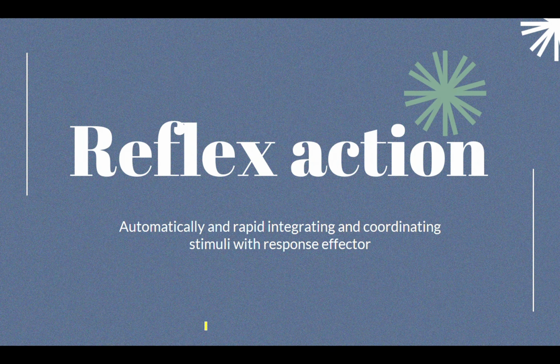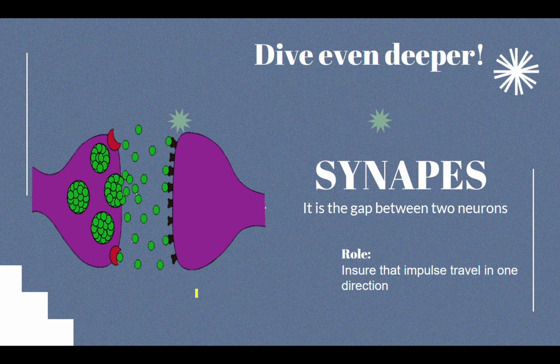The definition of a reflex action is an automatic, rapid, integrated, and coordinated response of stimuli with an effector. This one contains a lot of keywords, so you need to memorize it fully. As I said earlier, an effector is a muscle or a gland.